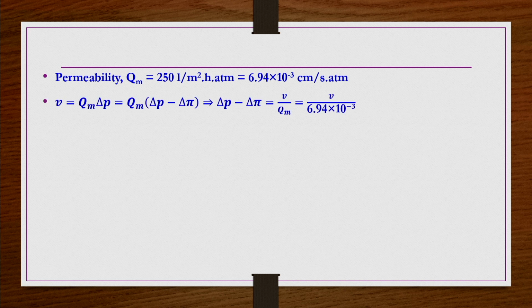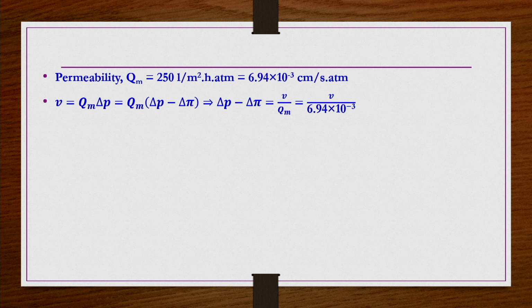So, then you will get this one, and then V is equal to Qm into delta P minus delta pi, because now it is a dilute solution. So, delta P minus delta pi should be V by Qm.